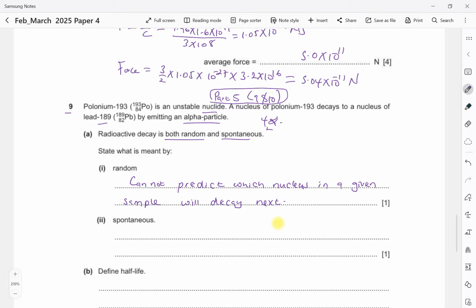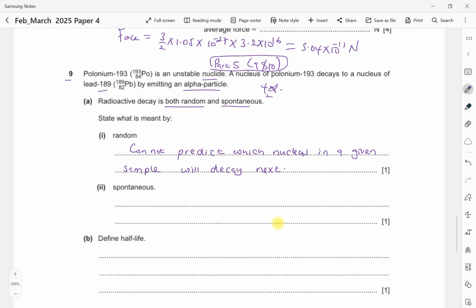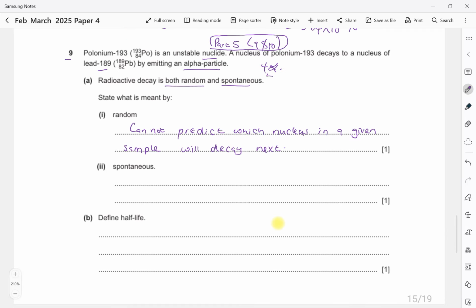So you can't single out any nucleus in a given sample which is going to decay next, but you are sure that at least a nucleus is going to decay.